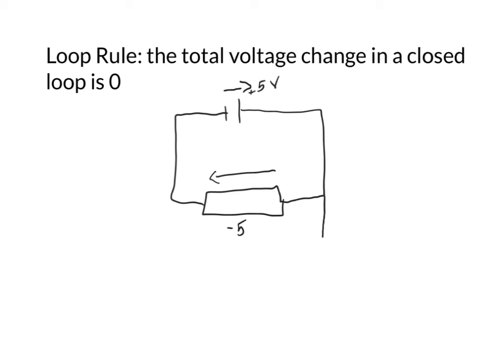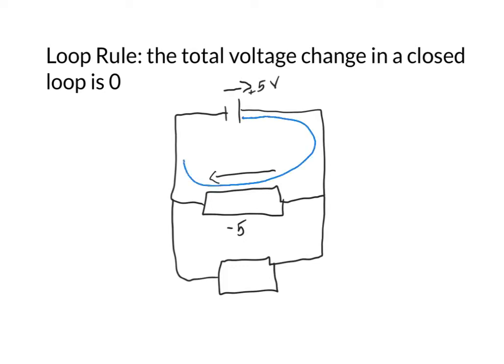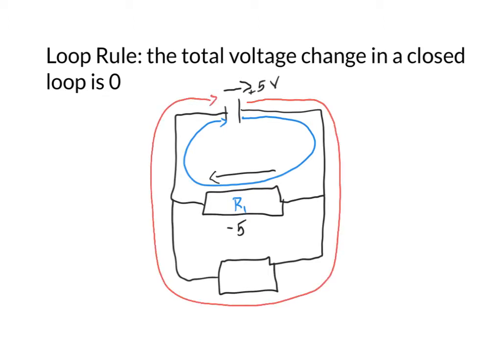This is a parallel circuit with 2 resistors. How much voltage will I lose across my second resistor? Well, let's look at our Kirchhoff loops. So, I can start at the positive terminal of my battery and go all the way around my loop through my first resistor, or I can start at the positive terminal of my battery and go around the second loop through my second resistor.